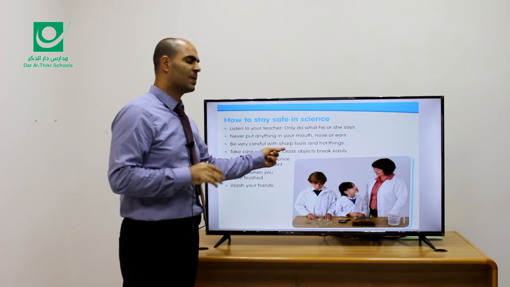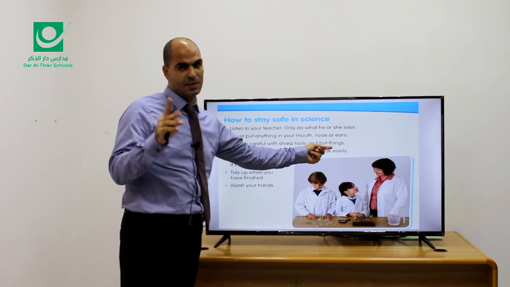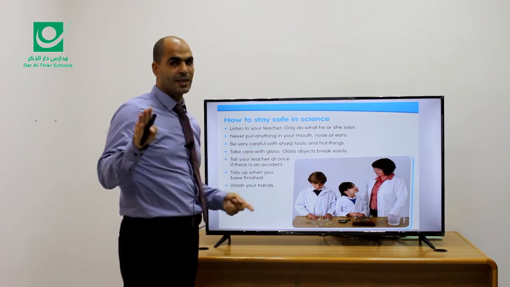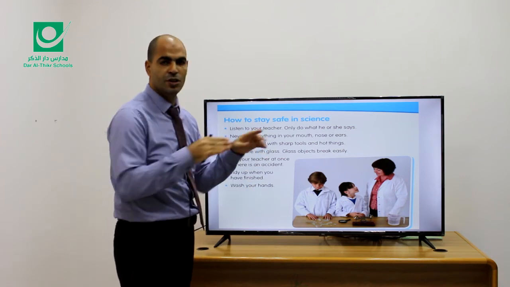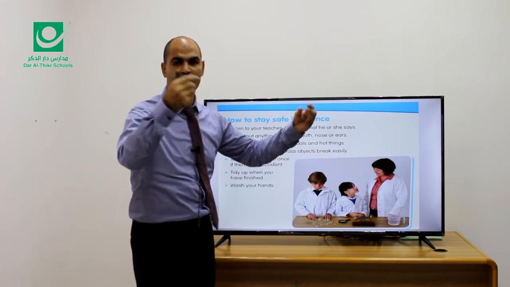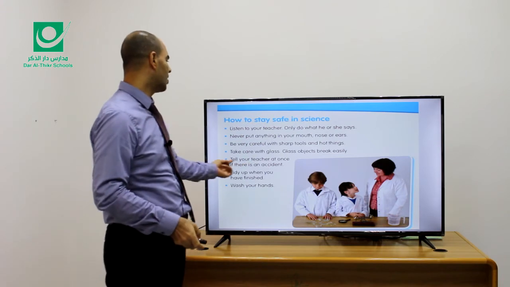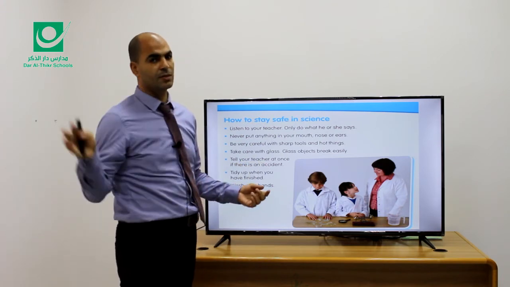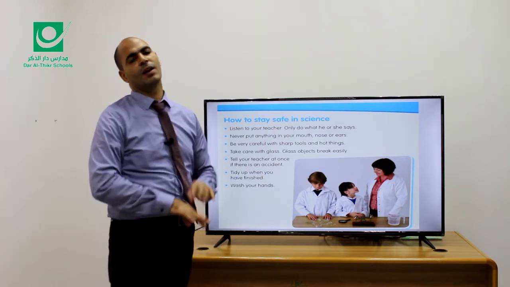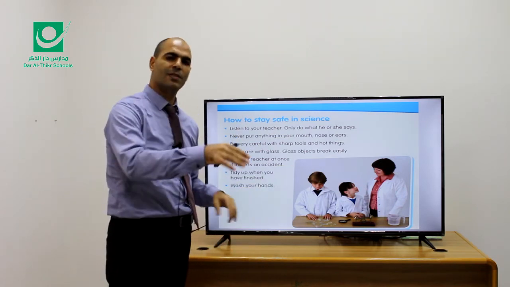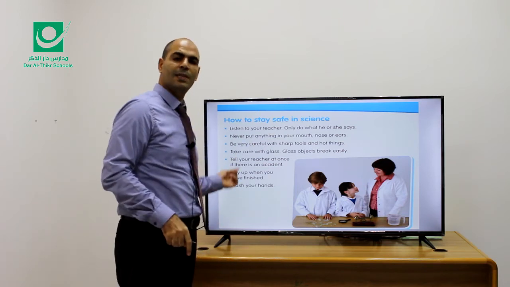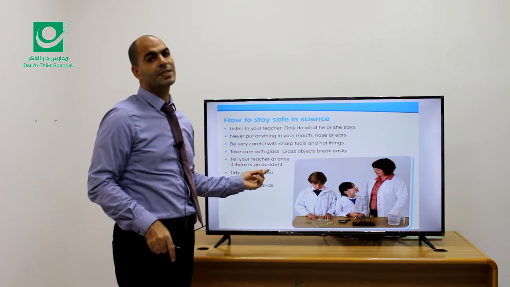Be very careful with sharp tools and hot things. Take care with glass. Glass might hurt your skin. Glass objects break easily. Tell your teacher at once if there is an accident. Tidy up when you have finished, and after the lesson, go to the bathroom and wash your hands. So, if you do these things in your science lab, you will be safe.